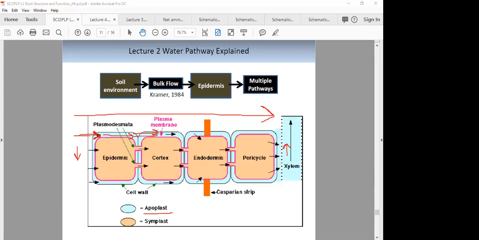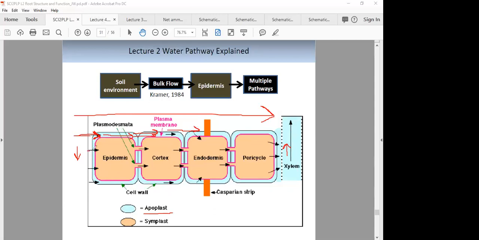Within that space between the membrane and the cell wall, and also through any spaces between cells, water can move in that way. So that's basically the apoplast: all the regions between the plasma membrane of one cell and the plasma membrane of the neighbouring cells.